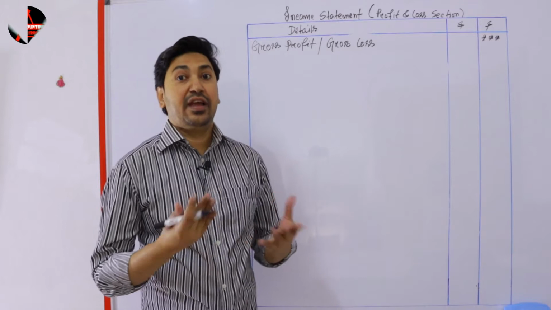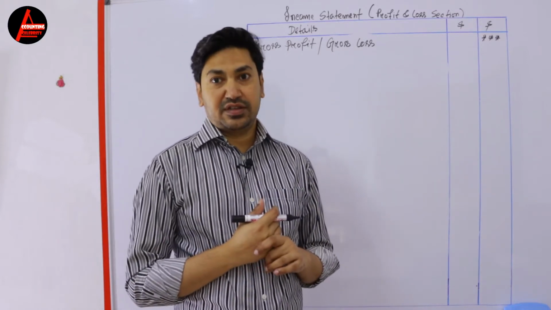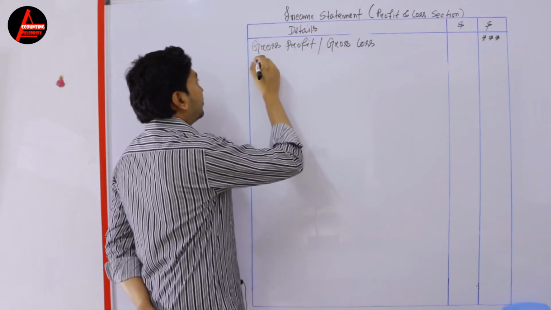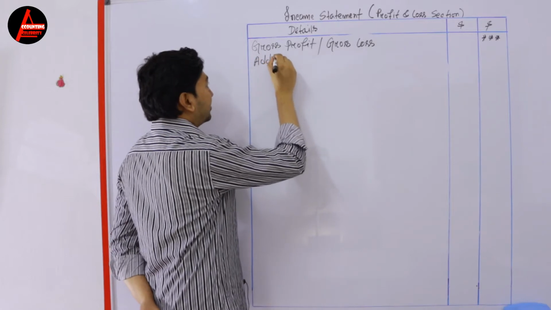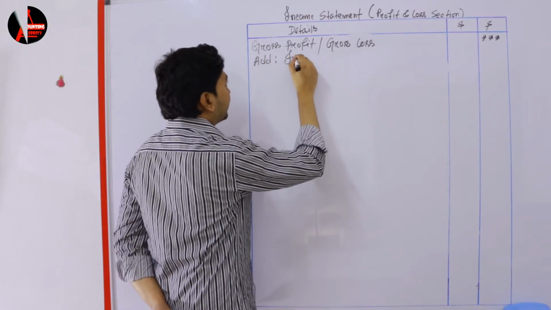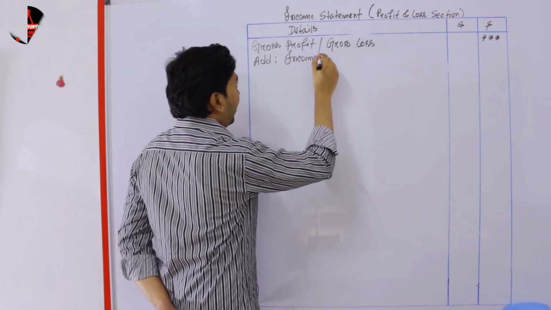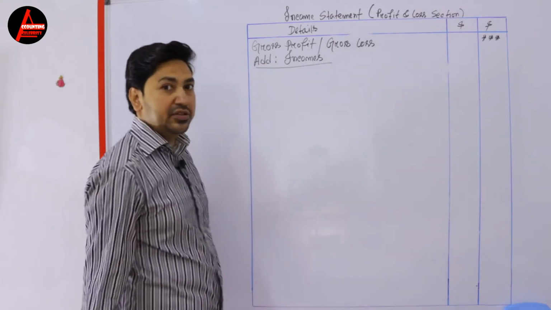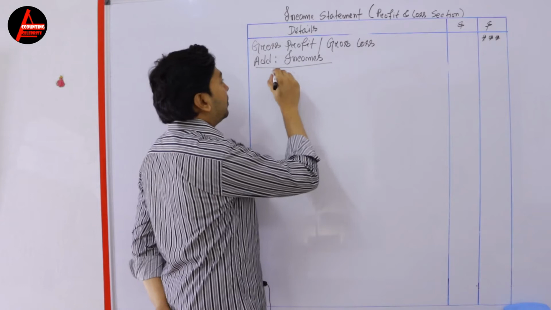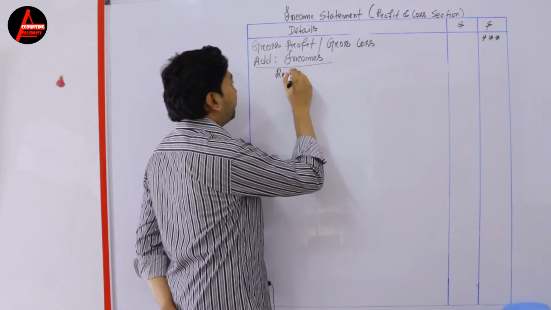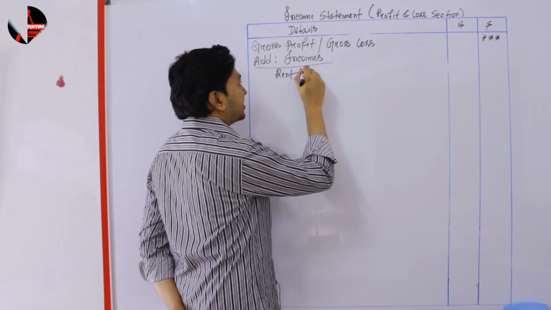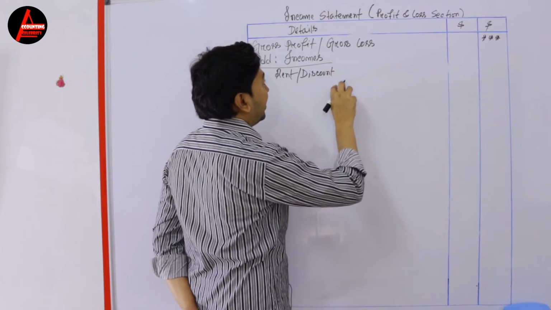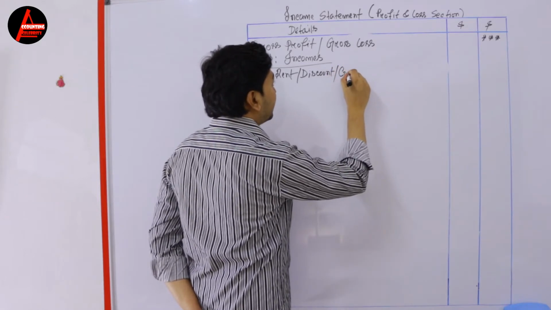Then you have to add all of your incomes. There are so many incomes in the business. You have to add them here; add means plus. What are the items you have here? You have rent receipt. You may have discount receipt. You have commission receipt.